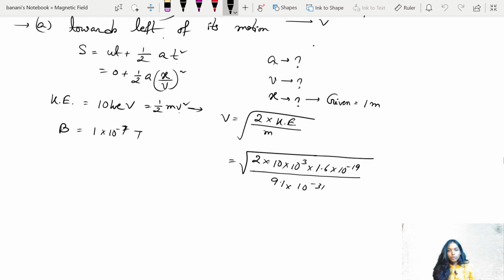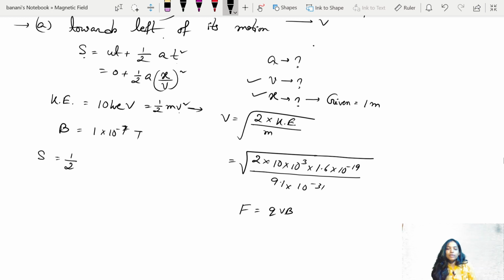Now we know x, we know v. Now we have to calculate acceleration. So for acceleration, in S equals half into acceleration into t square. Acceleration in this case, as we know, force equals Q into vB.